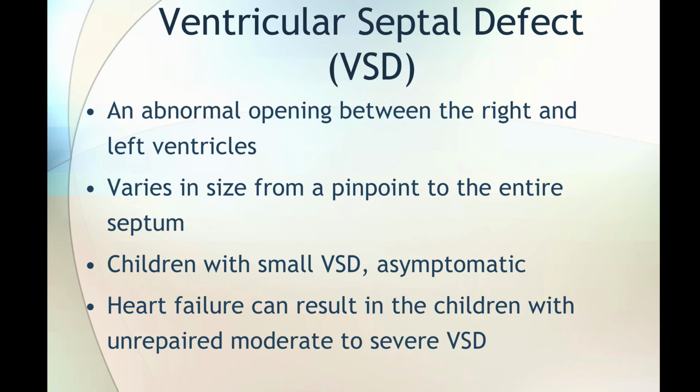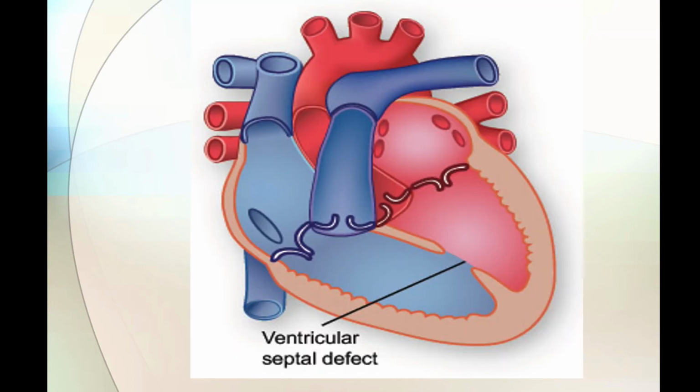Okay, let's go forward to a VSD. So again, I'm going to go to the picture, and you can see that it's down here instead of in the atrium, it's in the ventricles, and it's just an opening between. This is also a fairly common congenital heart disease, and it will sometimes spontaneously close.